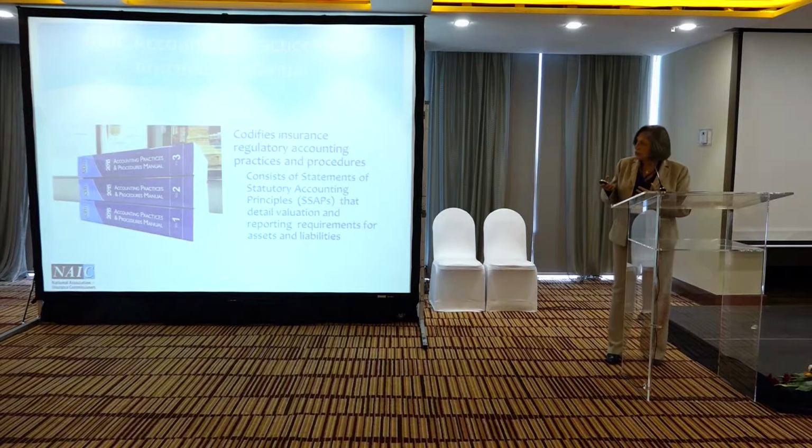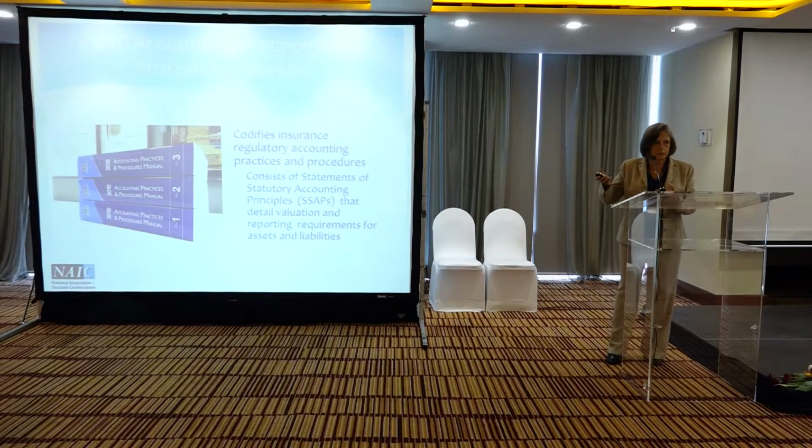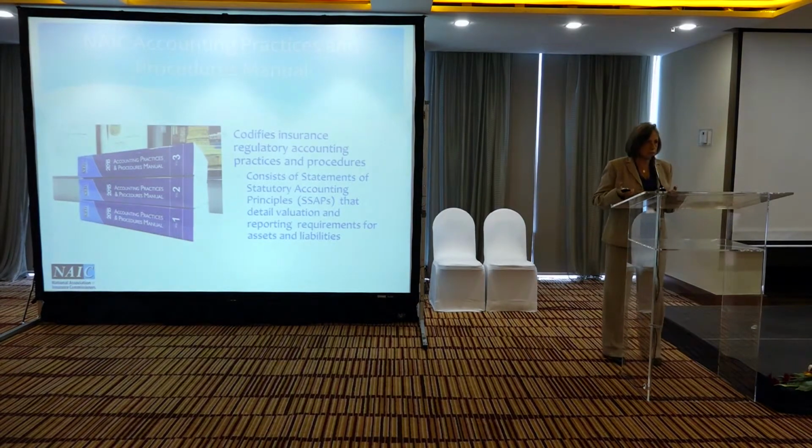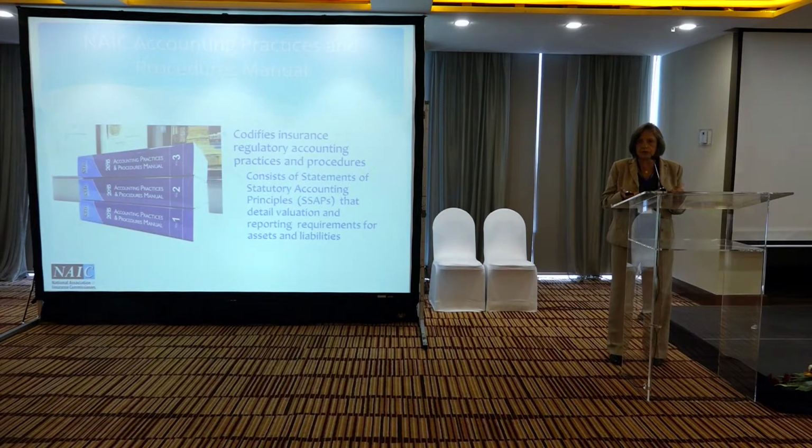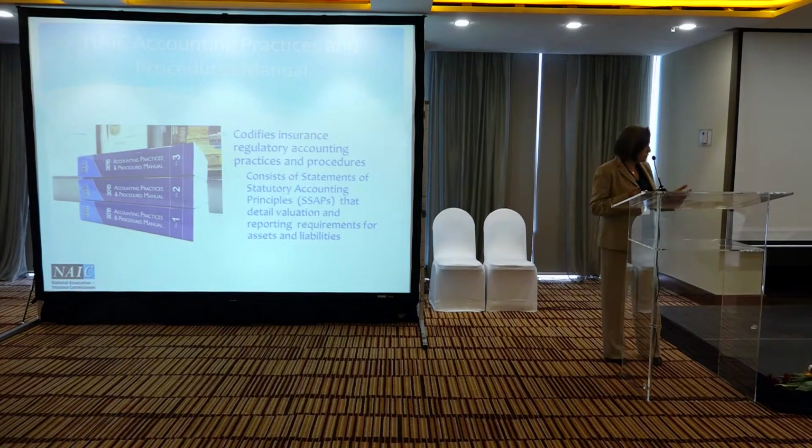So what do we use? This is the Bible, if you will, of our accounting practices and procedures. So a little bit about the information contained in these volumes. First of all, it's used in all 50 states. And they are created through an NAIC open and transparent process. Many of you have attended NAIC meetings over the years and are very familiar with our working group, task force, and committee structures.